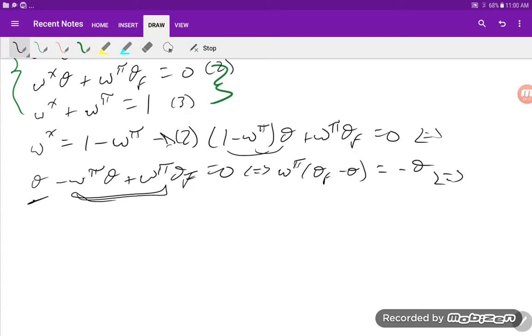So w pi equals negative sigma over sigma f minus sigma. I don't like the negative in the numerator, so I'll say that w pi is equal to sigma over sigma minus sigma f.